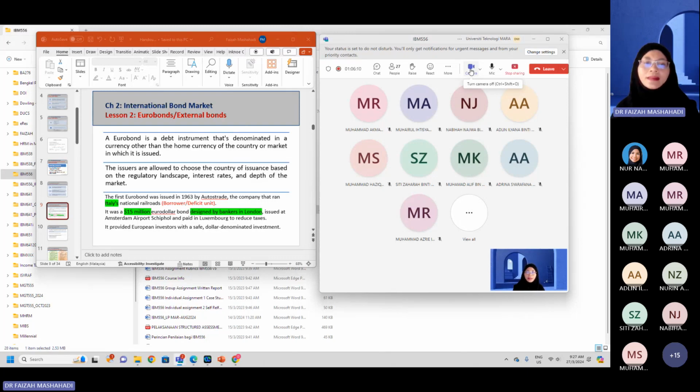Eurobond. When we read that, it is an instrument denominated in a currency other than the home currency of the country or market in which it is issued. So you have to cater two elements here. Number one, it is not denominated in the home currency of the issuer. For example, Proton, it won't be denominated in RM. Betul lah kan?